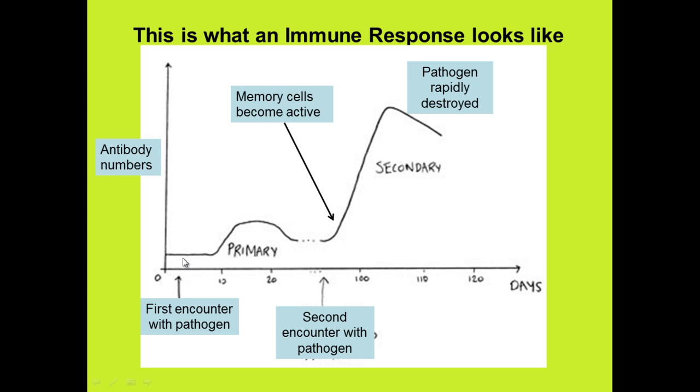The period of time that it takes from first infection to produce the antibodies in any number is called the latent period. So on a secondary response, the latent period is much shorter, and you produce a much bigger amount of antibodies than you would with a primary response. And hence why, when you come across the same pathogen again, you don't feel ill.